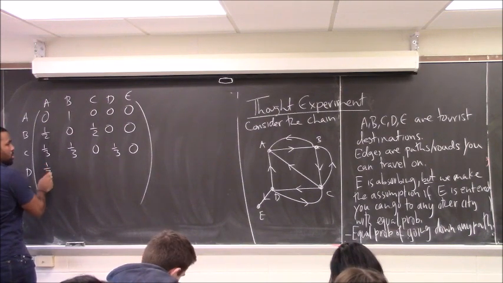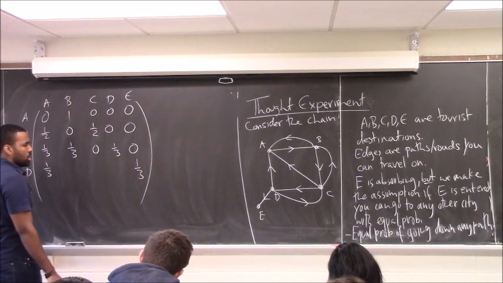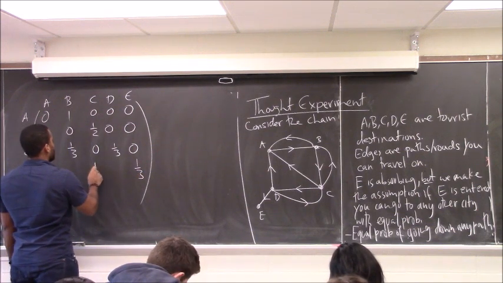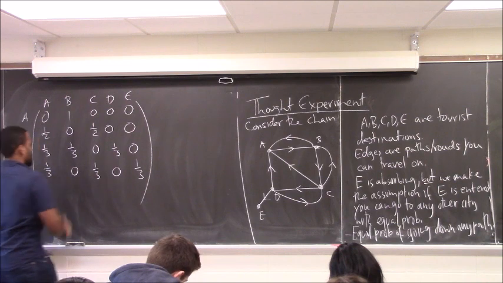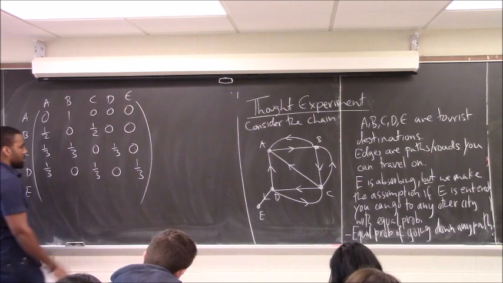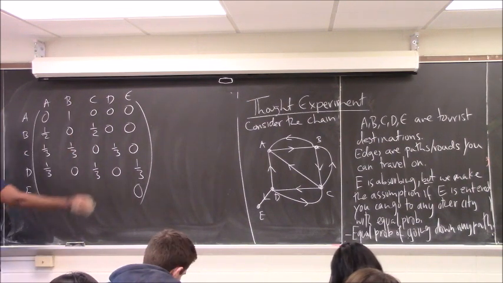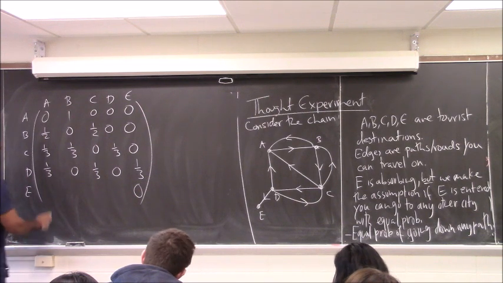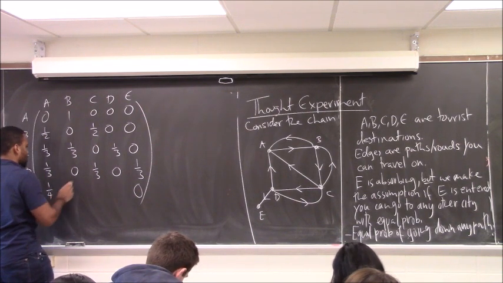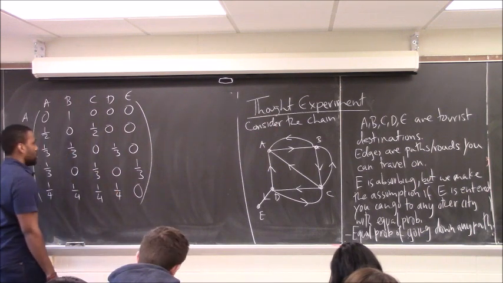There's a third probability it'll choose A, a third probability it will choose E, and a third probability it will choose C, but it can't go there and there. E, it's absorbing, but the assumption is it's not going to go to itself. If you end up in E, there will be equal chance that you can just randomly pick one other city. So this will be a quarter, quarter, quarter, quarter. So all this.